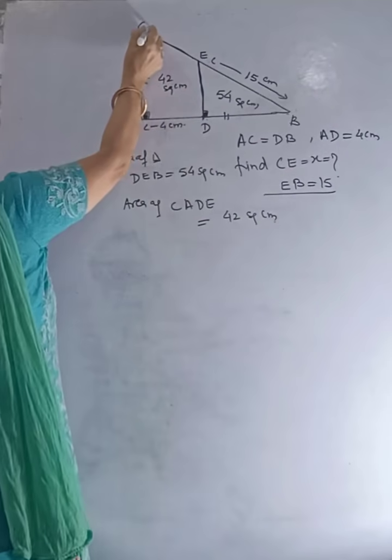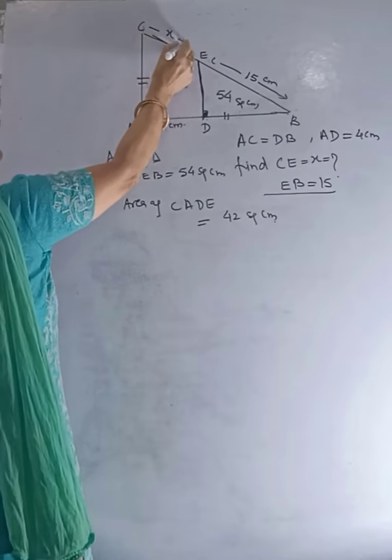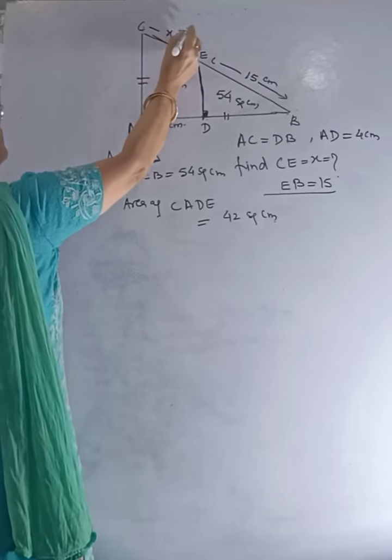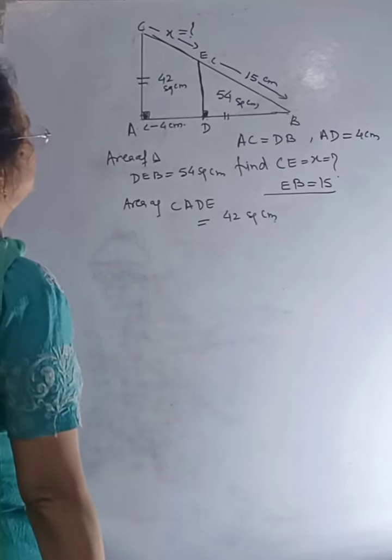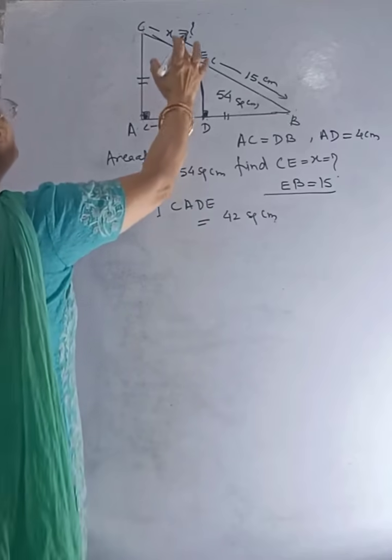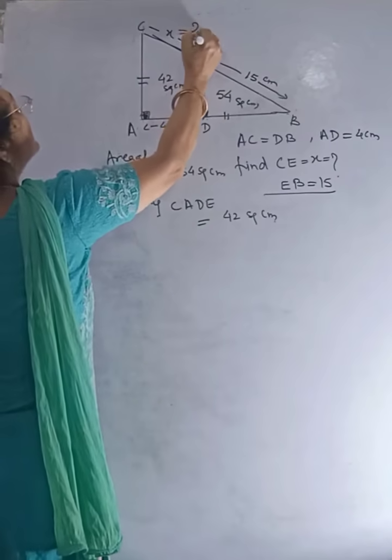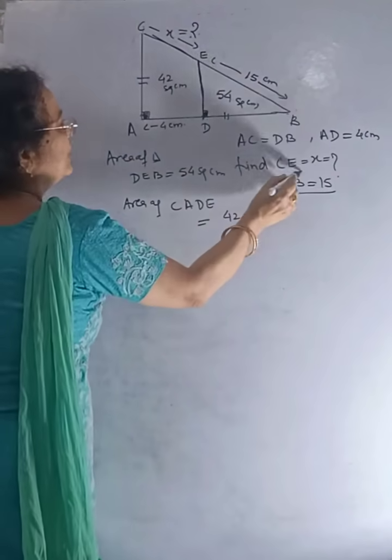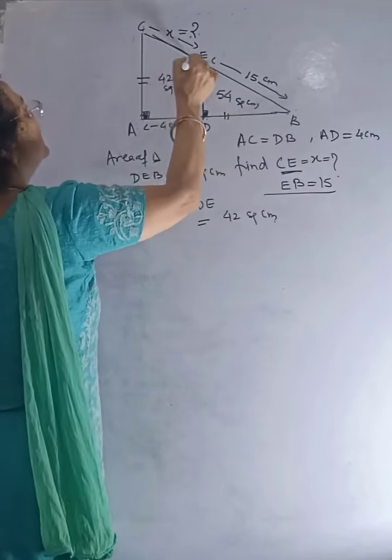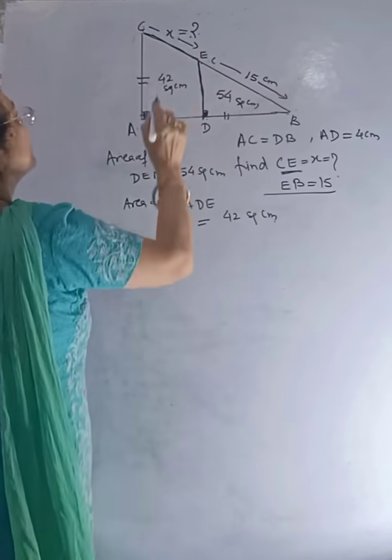Now we have to find the value of this, which is X. This is equal to what? X is to be obtained. CE, this is to be found.